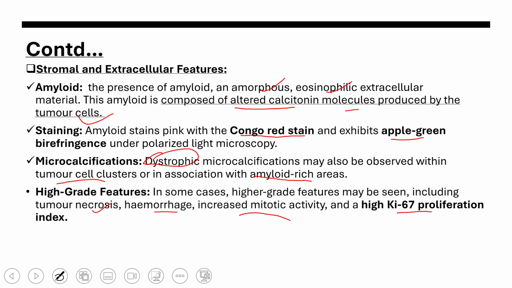In such cells, Ki67 protein is not visible. The Ki67 proliferation index measures the aggressiveness as well as the growth rate of the tumor cells. If a tumor has a high Ki67 proliferation index, that means it is more aggressive and has a worse prognosis.